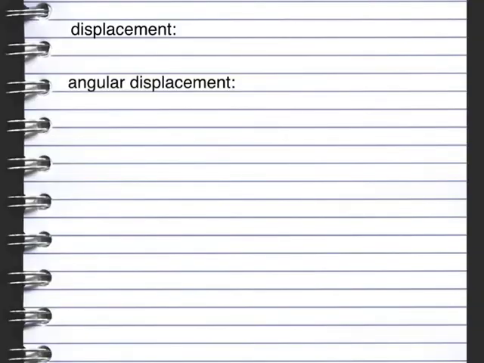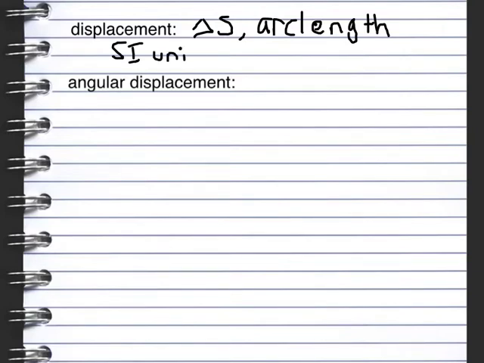Let's just make some notes on what we've talked about. Displacement, we use a delta S when we're talking about circular motion, and this describes something that you call arc length. The SI units for arc length are meters.